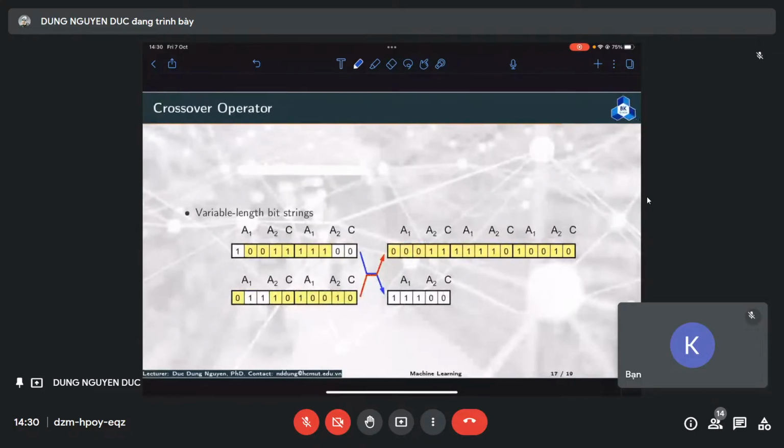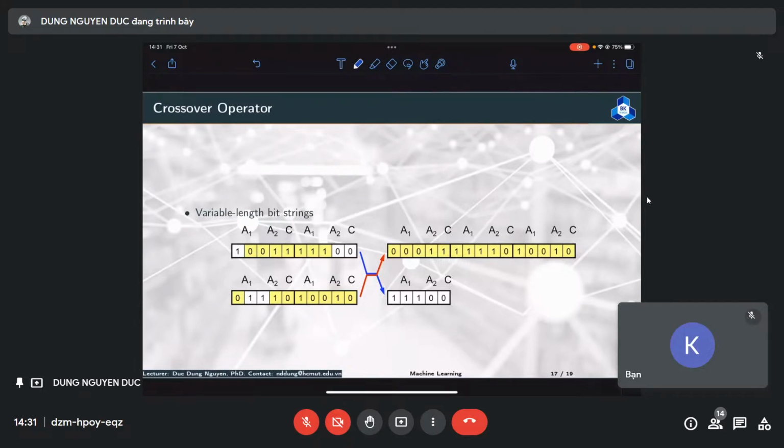Now let's see. All right. There's another crossover operator. Well, this one is a little bit more complicated. Like you swap the genes, the chromosome, in some random order, but you make the new chromosome sometimes longer than the old one. Okay, so this is art.